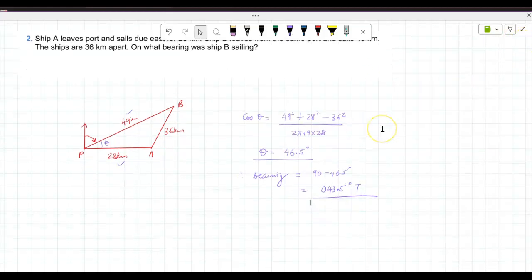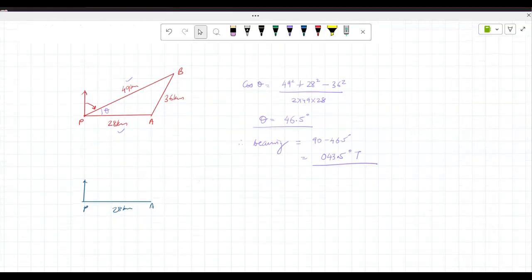Now you can also choose the sum in a different manner. The diagram you can draw in this manner also. You have your ship A which is going, let's say, 28 kilometers. Now, this can go like this also, correct? 36 kilometers. B, you join this.